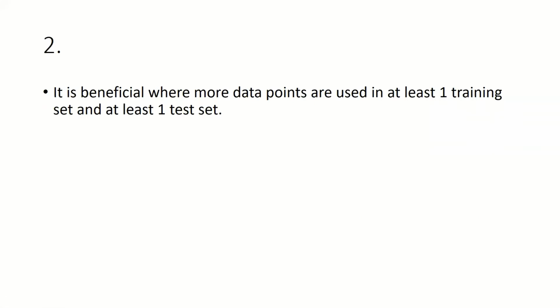Second consideration. This is actually a good thing, that data points get used in multiple different test sets, because then we can get an average, and this is what we like. It makes things more stable. As you increase K, the more likely it is that every single data point will get used in multiple test sets.